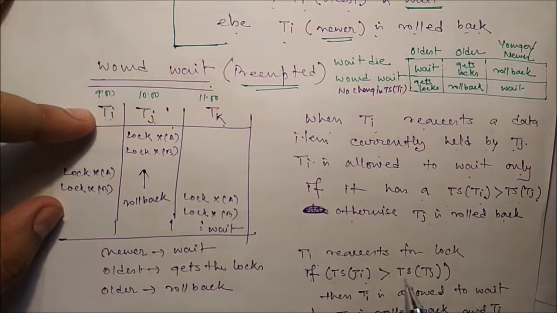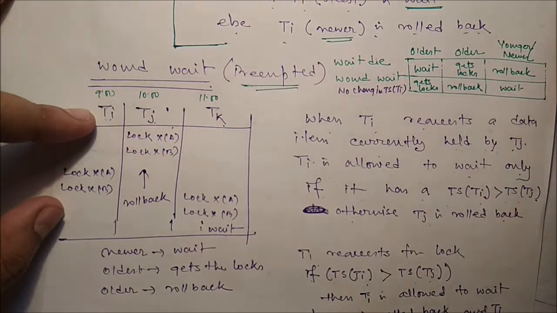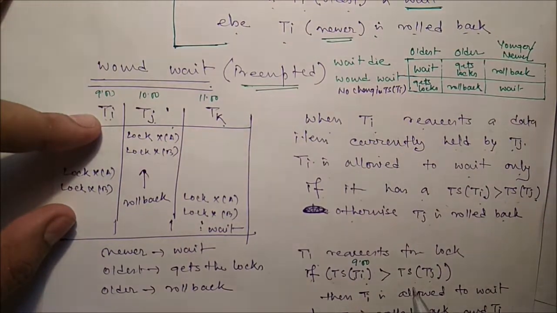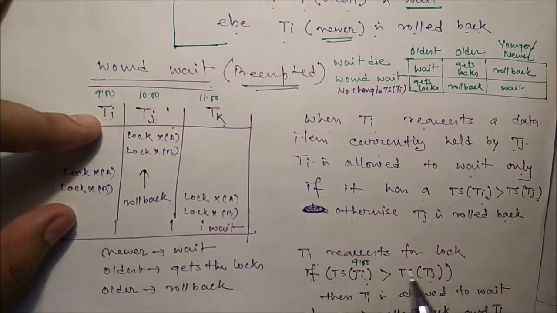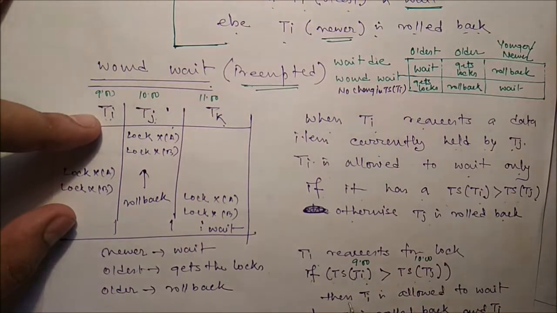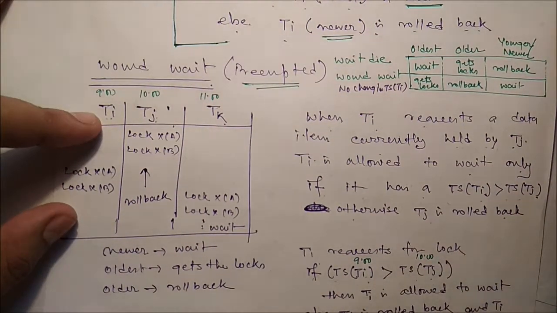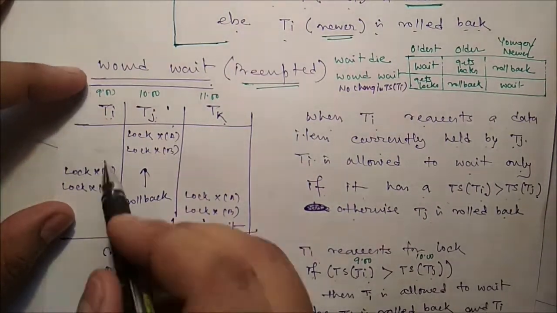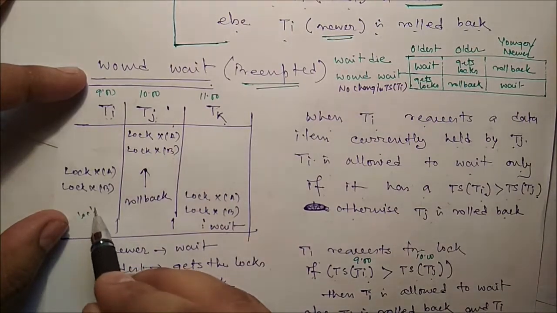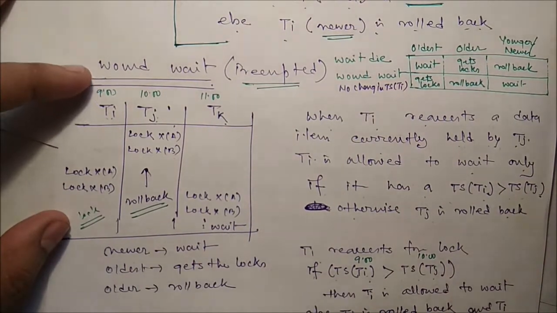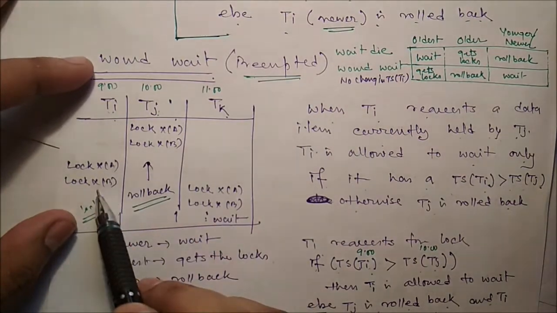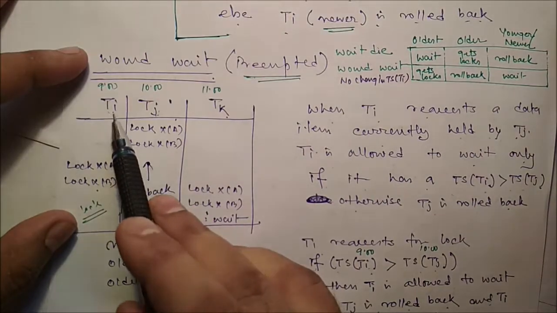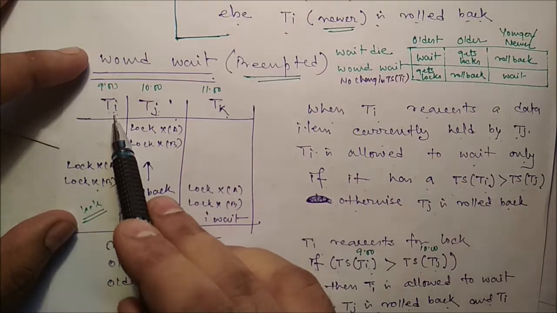If TS(Ti) is greater than TS(Tj), where TS(Ti) is 9 am and TS(Tj) is 10 am, this condition is not true, so it executes the else part. Tj is rolled back and Ti gets the lock. That means due to this Ti request, Tj is wounded. Tj will roll back due to this Ti request, because Ti is the older transaction than Tj.